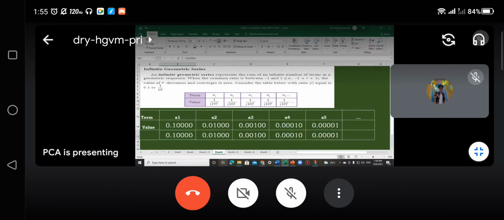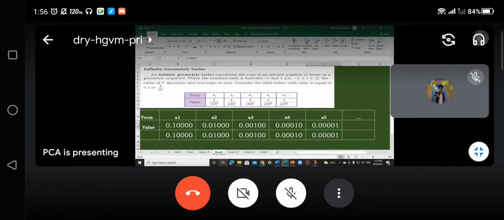But what do you notice with the ratio? It's so small, right? It's 0.10. And if I'm going to increase my terms with that ratio beginning from the first term, what do you notice? Parang the value of the next terms will be no value at all, and it's nearing to zero.